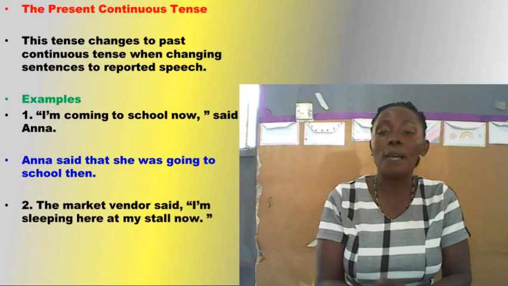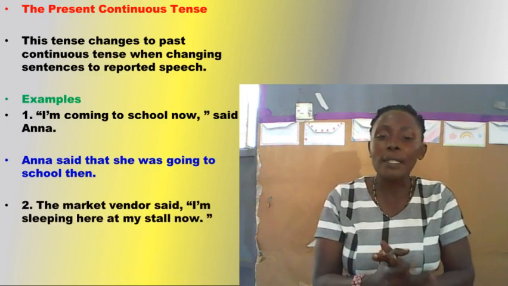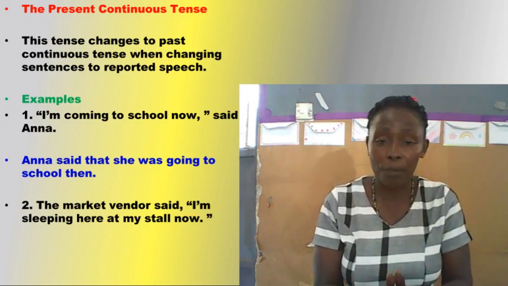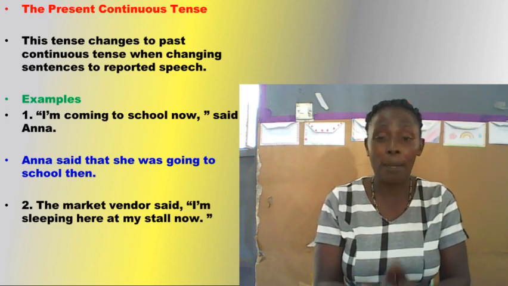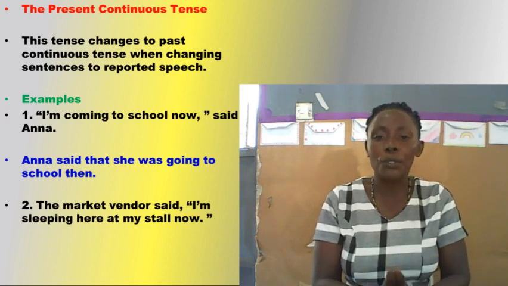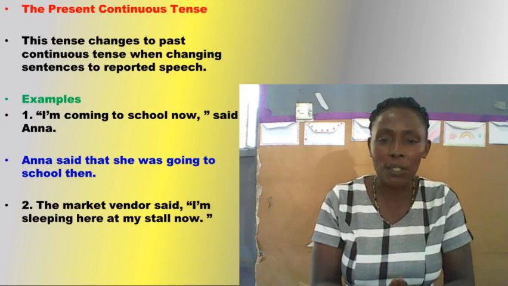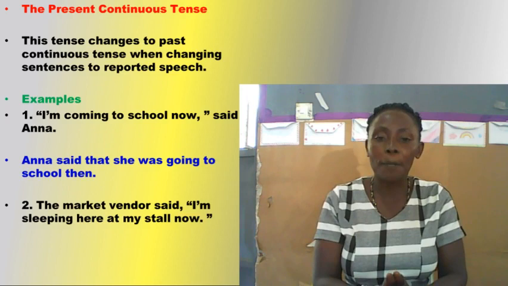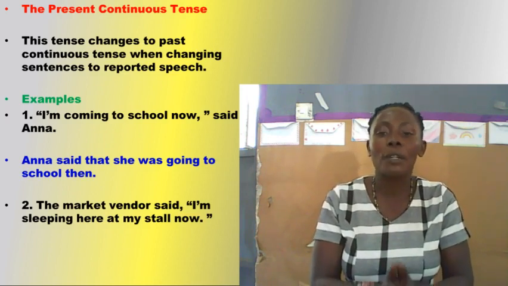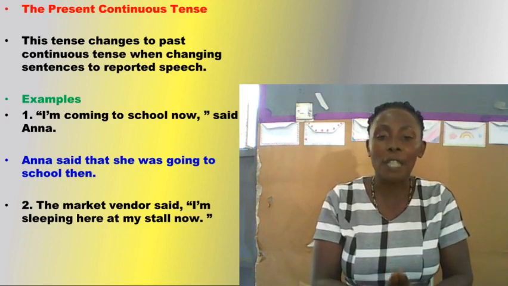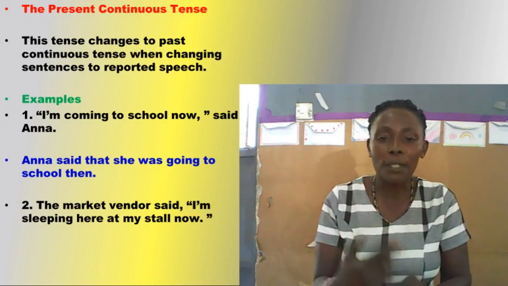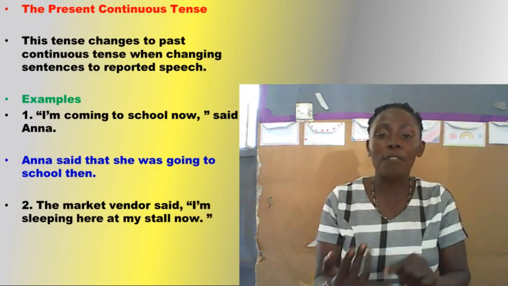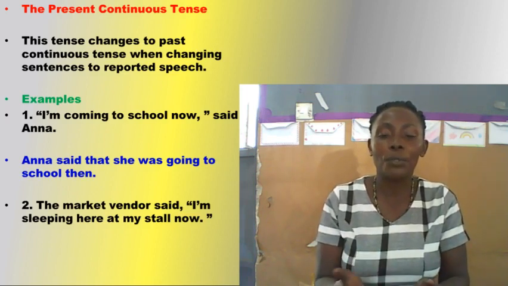Let's look at the second example, which reads, the market vendor said, "I'm sleeping here at my stall now." These are the words of the market vendor. You heard her. These were her words. Now, if you have to report what the market vendor said, you need to make some changes. We have our I, the helping verb am, here, and now. Since the market vendor might have been a man or a woman, you are free to say he or she.